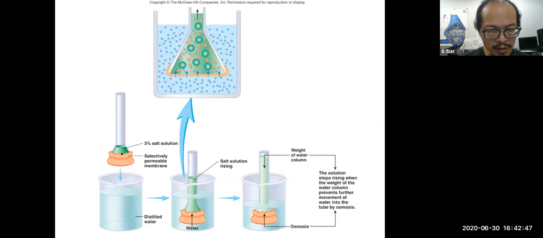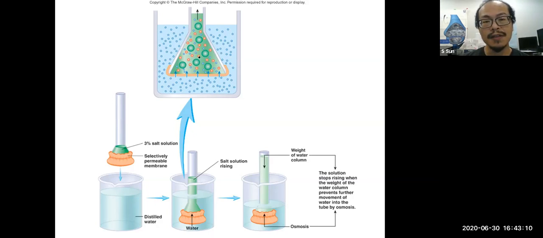For example, here we have a lot of salt solution, 3%, and here is empty. Let's say we put a selectively permeable membrane, so salt cannot go out, then water will go in, because water will come into the high concentrated area.